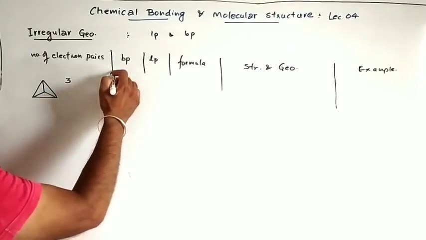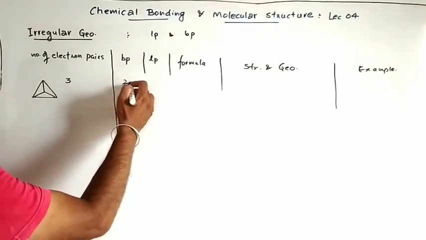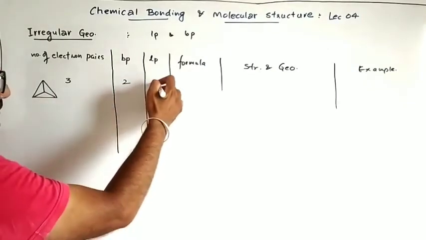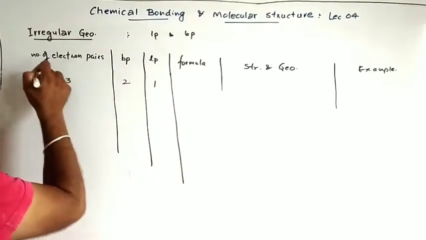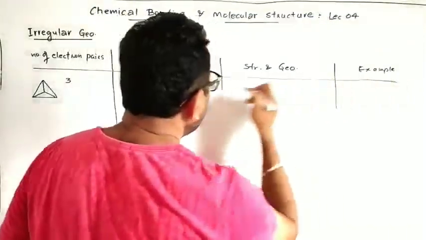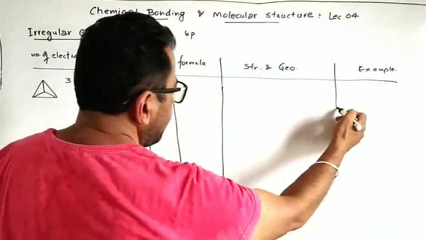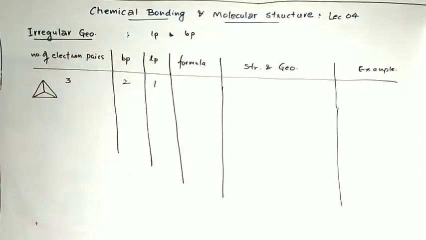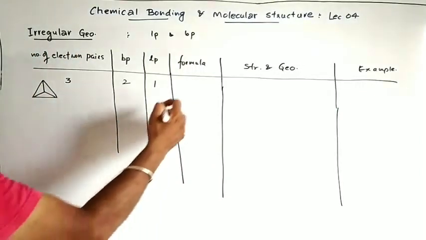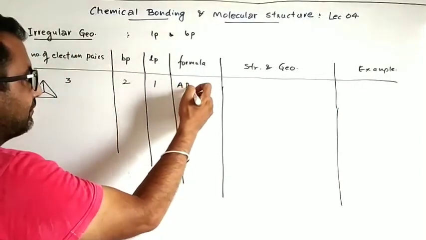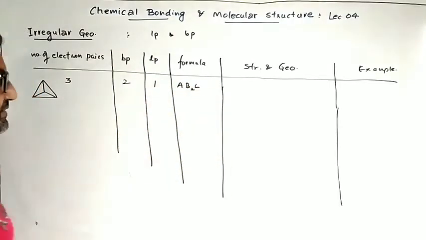But now we have, say, 2 bond pair, 1 lone pair. So when there are 2 bond pair and 1 lone pair, its formula becomes AB2L. L stands for lone pair.